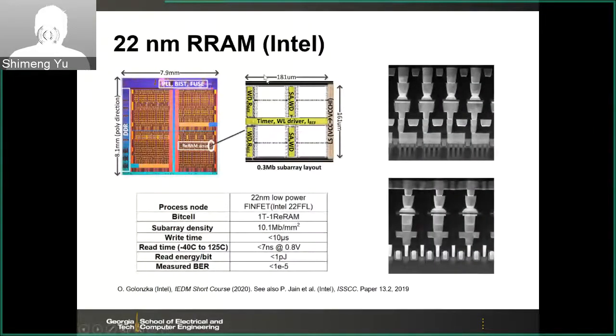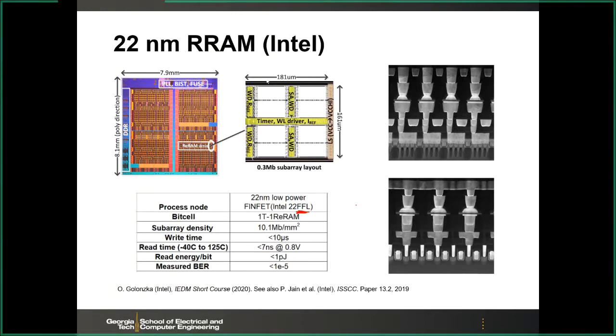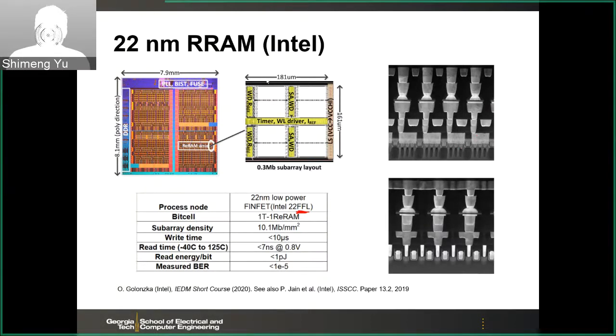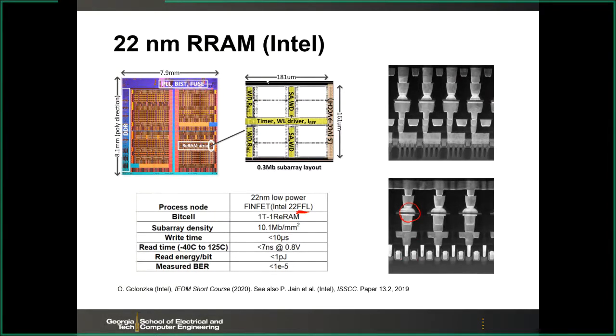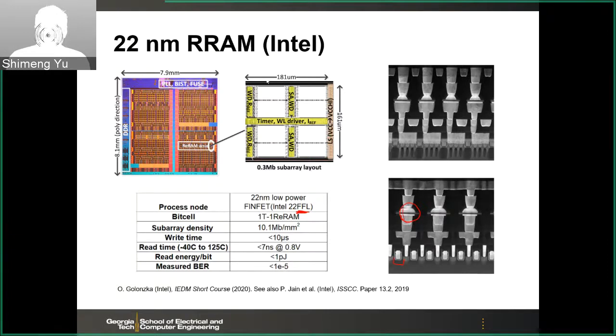And then Intel reported a 22 nanometer RRAM at ISSCC 2019, I believe. This is integrated on their 22 nanometer FFL process, the FinFET-based platform. Also it's 1T1R, and the RRAM is integrated in the back end. This is a transistor, and this is RRAM.